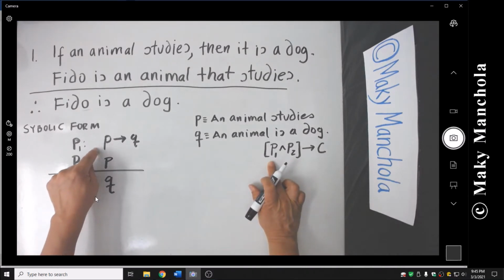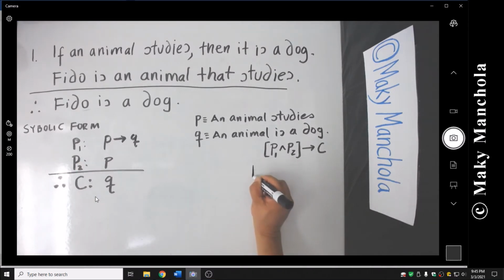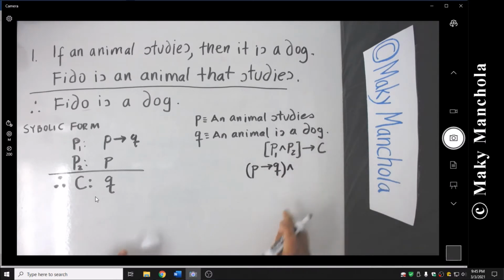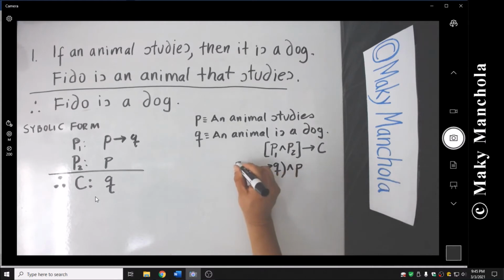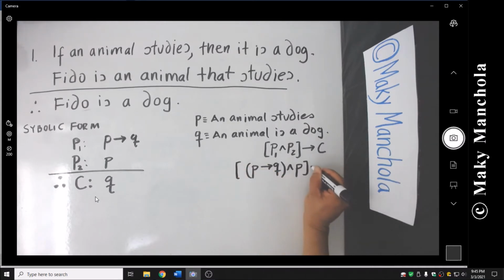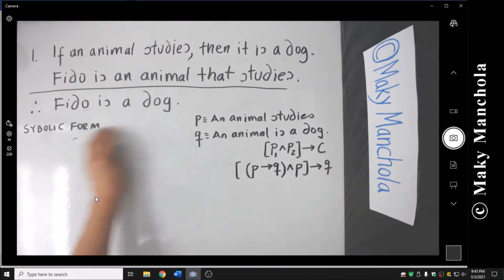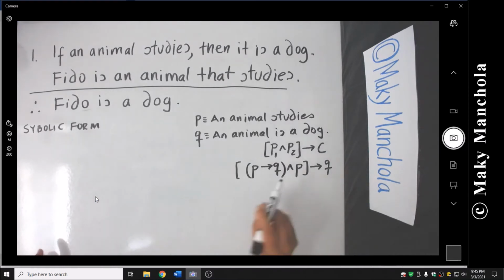First premise, P implies Q. And second premise is P. Implies our conclusion, which is Q. Okay, so to construct a truth table, we need to come up with all cases of our components.